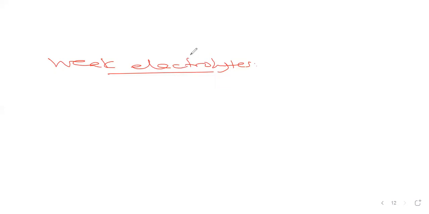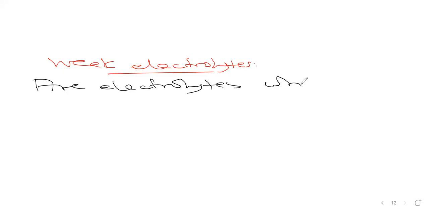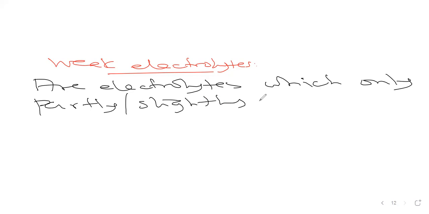Weak electrolytes are electrolytes which only partly or slightly ionize in solution. So always their ions are in equilibrium with unionized molecules.